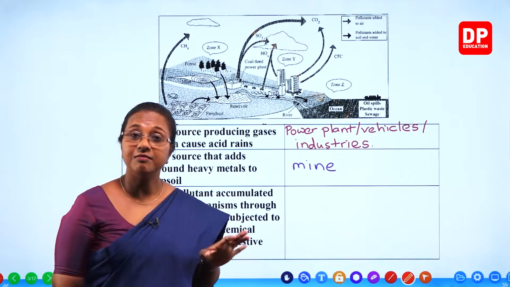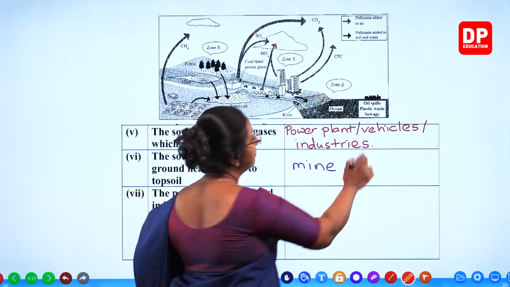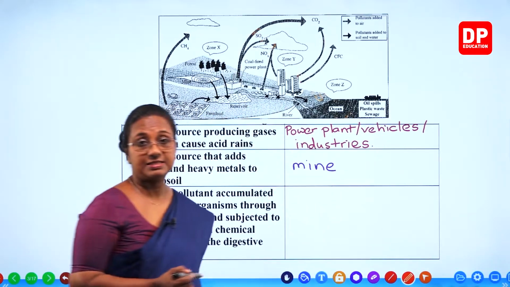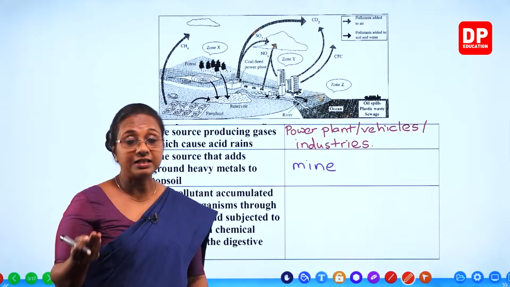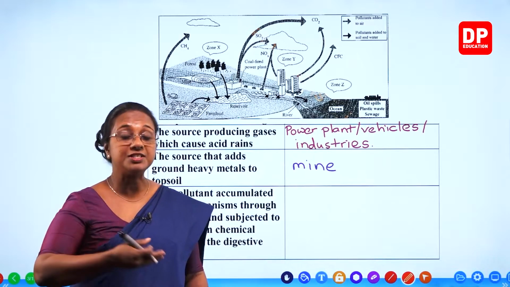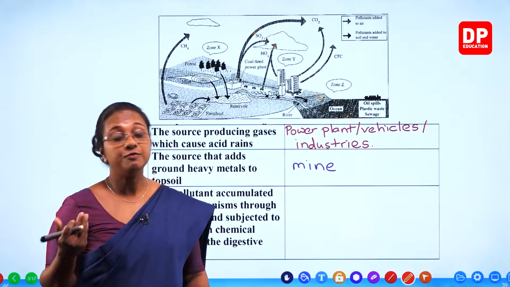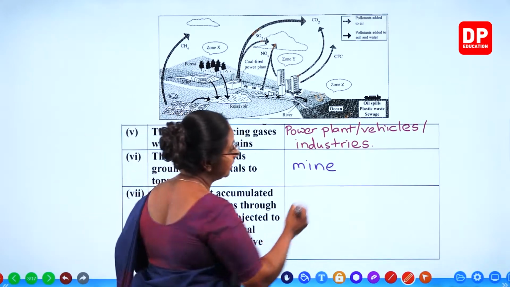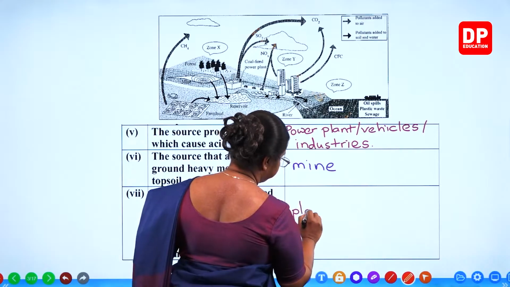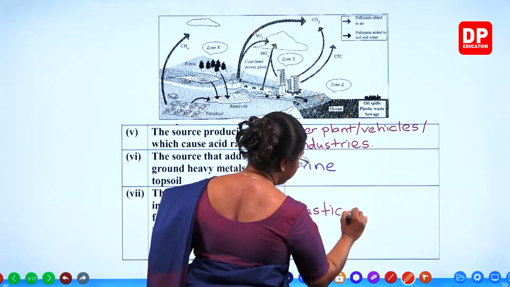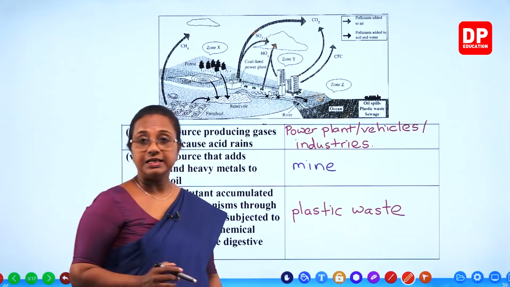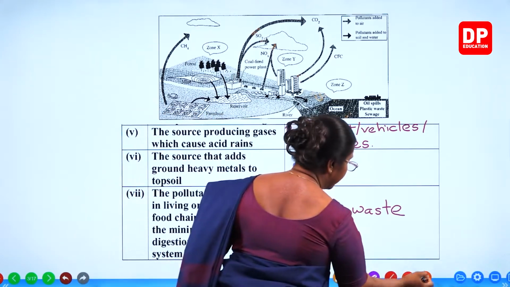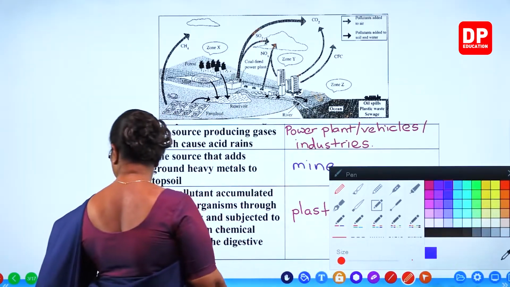It can be either heavy metals or else even plastic waste. You all know plastic waste, when you dump them, they get converted to another chemical which can accumulate through the food chain. So the plastic waste. Is that clear, students? So with that, I'll move on to the next slide.